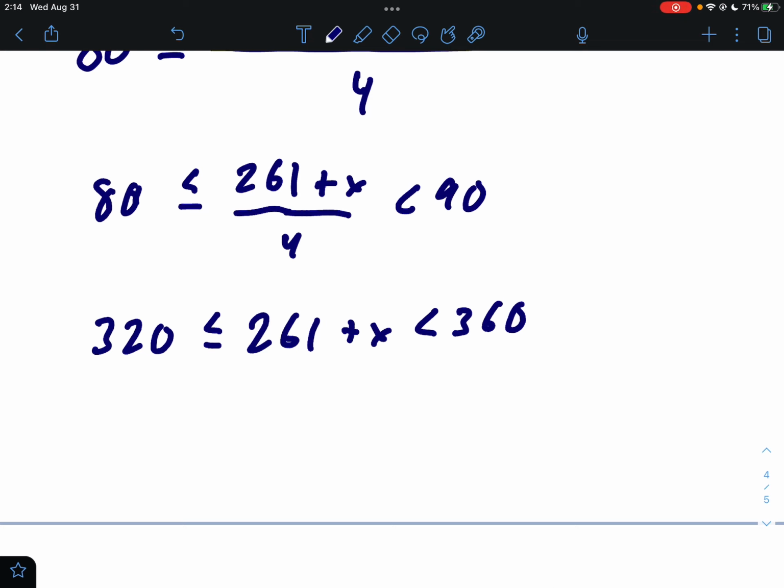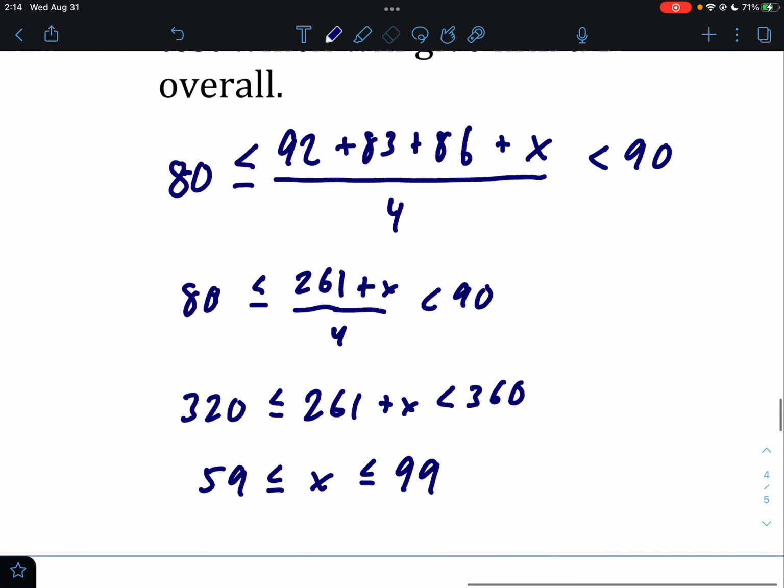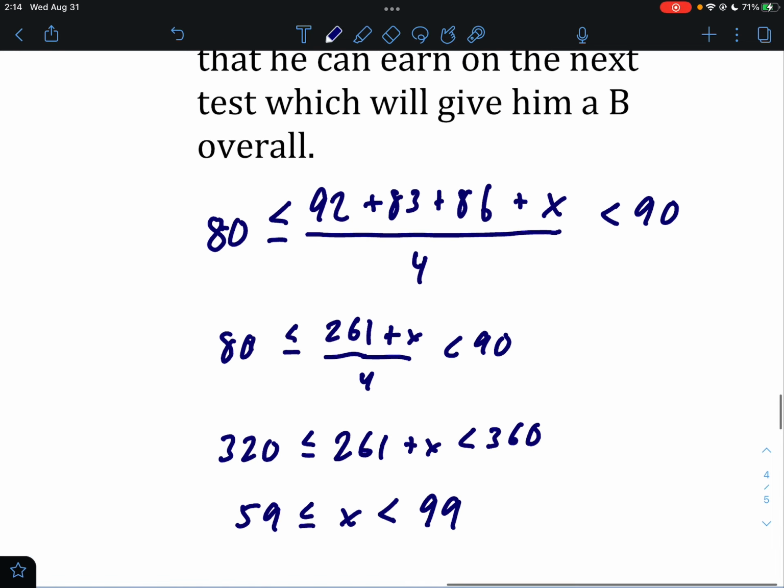And subtract 261. So if he scores, okay, add an equal sign there. If he scores between a 59 inclusive and a 99 exclusive on his next test, he will have a B overall. So it looks like if he scores 100, he would end up with an A overall.